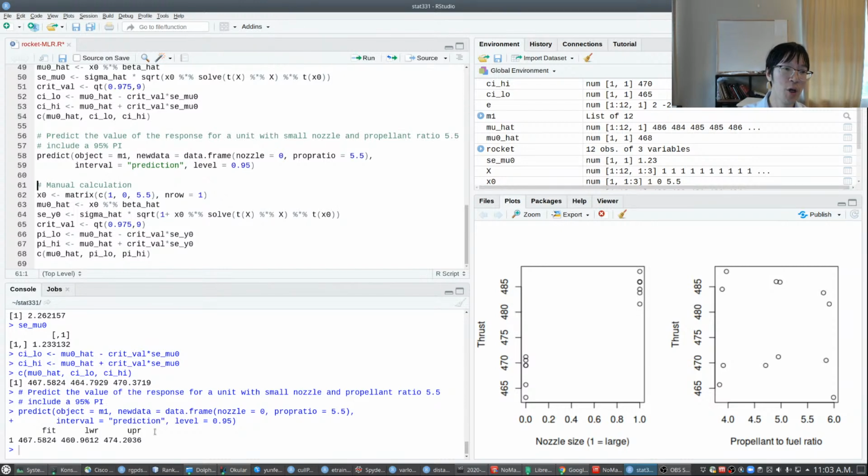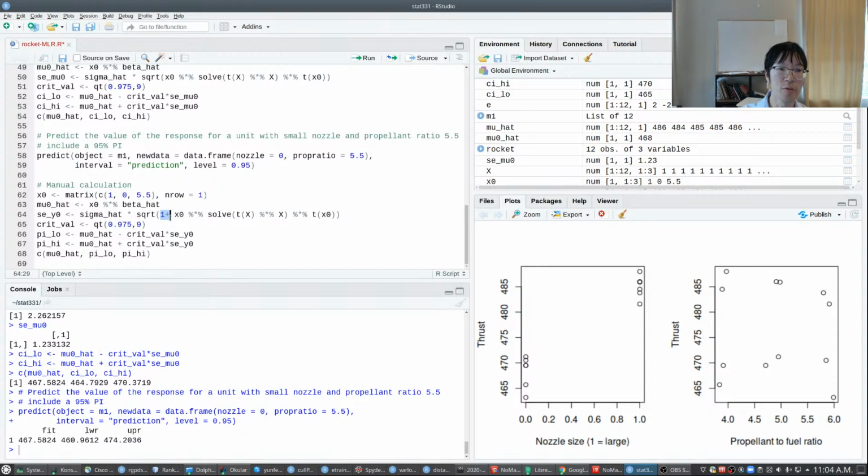So we have to bake that uncertainty into our prediction interval. That gives you intuition for why the prediction interval is wider. Finally, I can do the same thing using a manual calculation. The only difference is this line: the standard error has an extra 1 plus term.